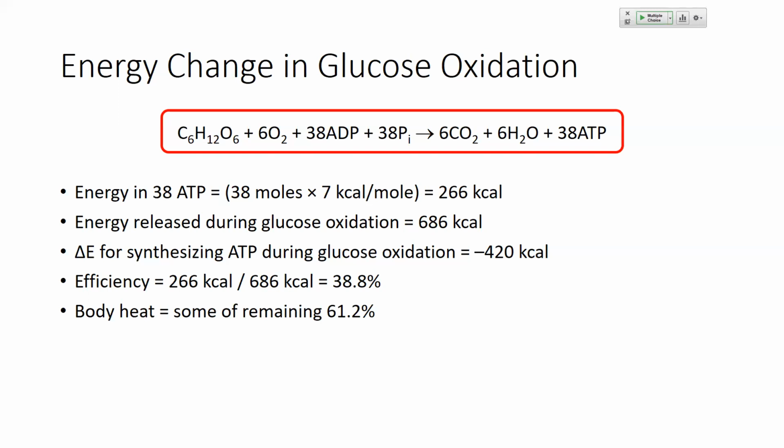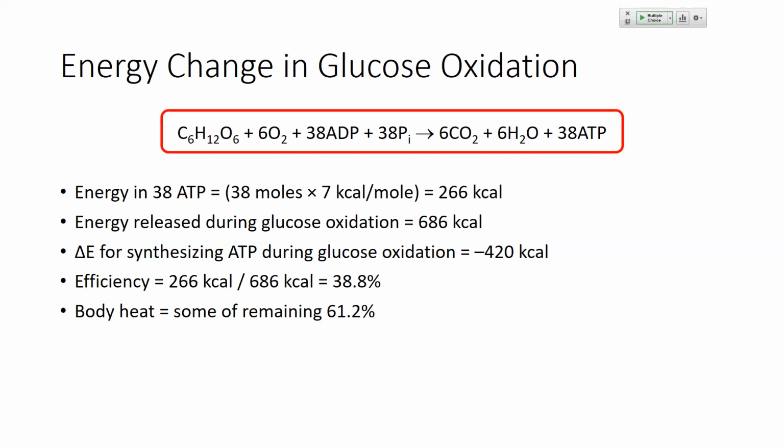It can vary based on age, it can vary based on sex, body status. It can vary from one time in the day to another. So you'll see a lot of different numbers in different textbooks. Anywhere between 32 and I think 38. Okay, but we're going to use 38 today. So we make 38 ATP. 38 molecules of ATP is released from breaking down one molecule of glucose. So one molecule of glucose yields us 38 ATP molecules.